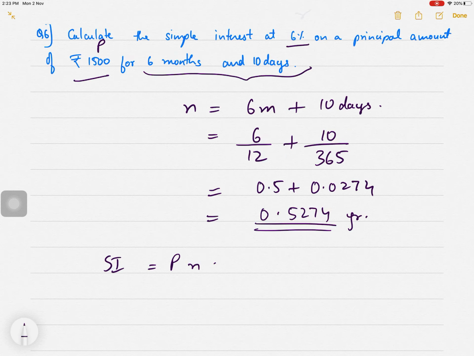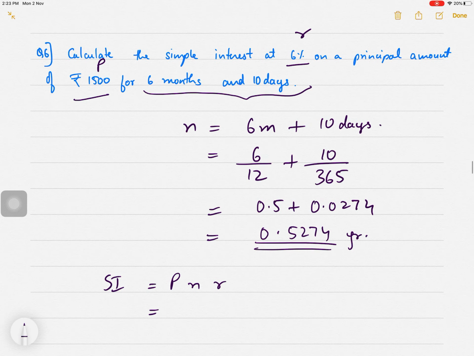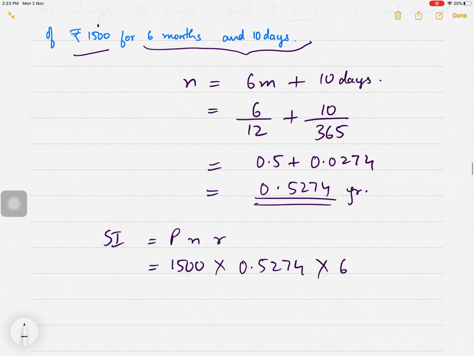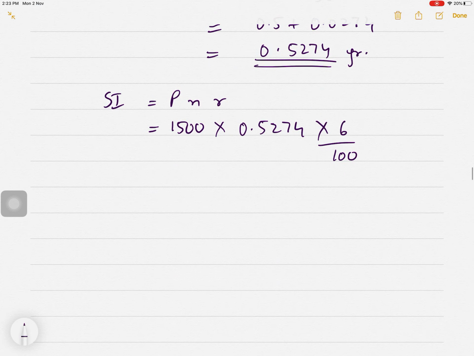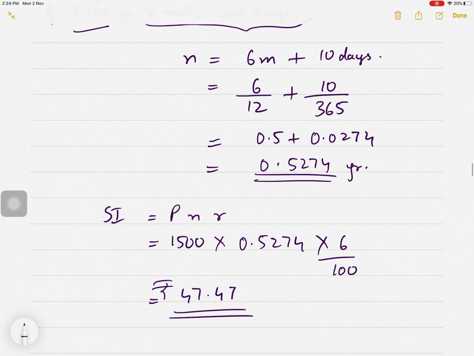Simple interest is equal to P into N into R. P is 1,500, N is 0.5274 multiplied by R, that means 6%, that is 6 upon 100. So calculate this. It comes to 47.47. Okay, so simple interest is 47 rupees 47 paise.